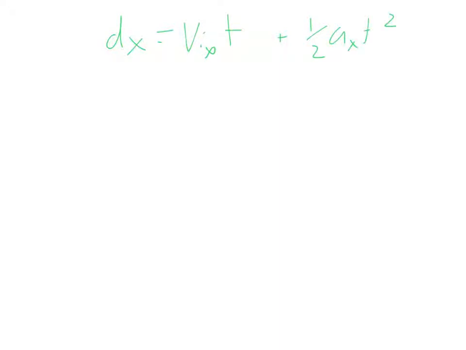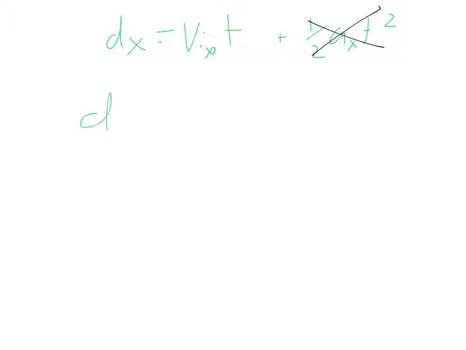Just like with our cliff diver problem, or with any projectile problem for that matter, there is no horizontal acceleration. The only acceleration for an object once it's in the air for a projectile is gravity. And so this entire term just cancels out, because if ax equals 0, doesn't matter how much time passes, that term is always equal to 0.